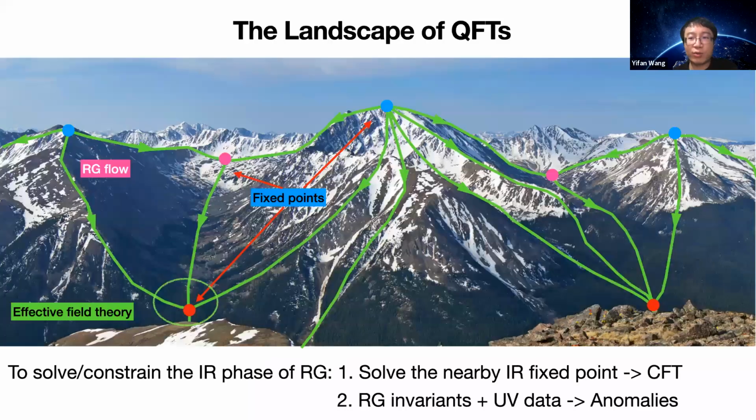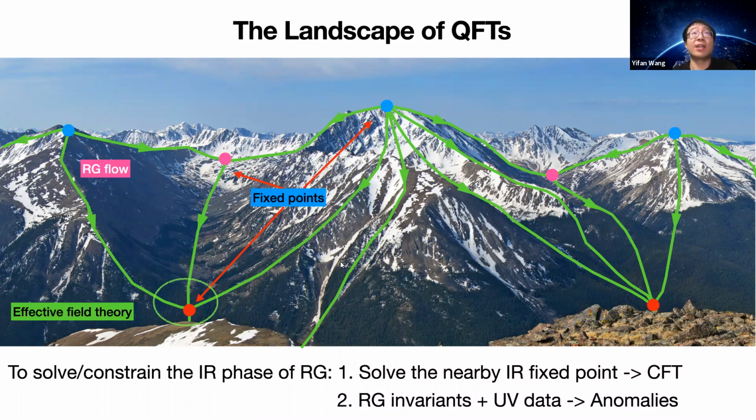To make this RG picture more intuitive, here is a picture that one can have in mind. Imagine you have a space of QFTs labeled by various couplings. The RG paradigm lets us view this potentially flat space of couplings, a space of QFTs, as a mountainous landscape with various features.